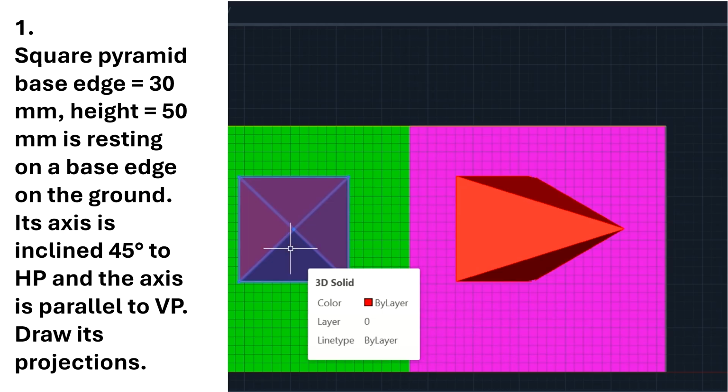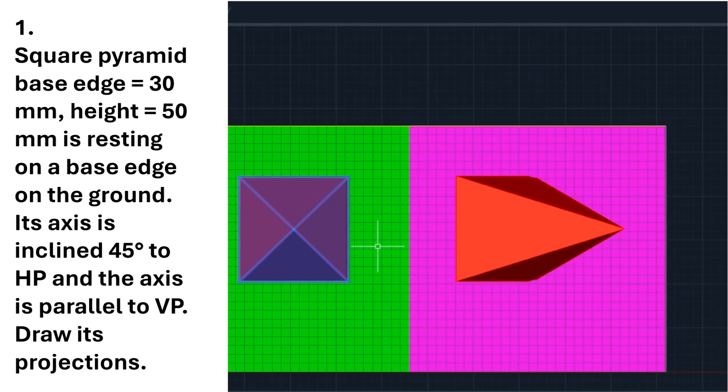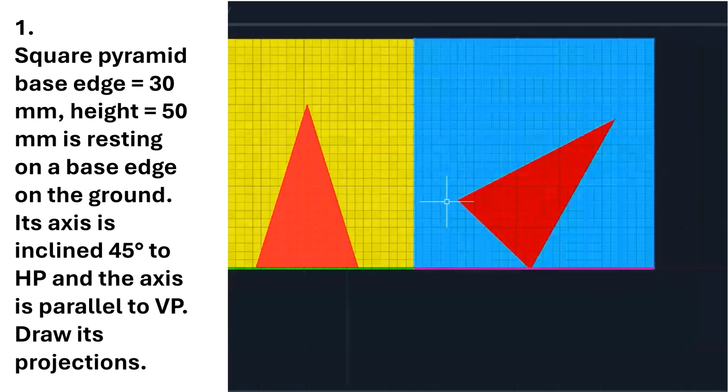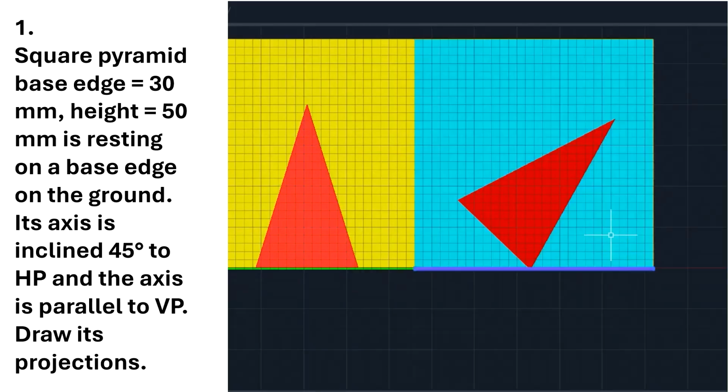This is the set view 1 and this is view 4. To get view 4, I will first draw the projection from A, B, C and D parallel to the XY line, and even from the apex parallel to the XY line. But with the rotated view in the front view, from this A, B, C, D and apex I will be drawing the projections.